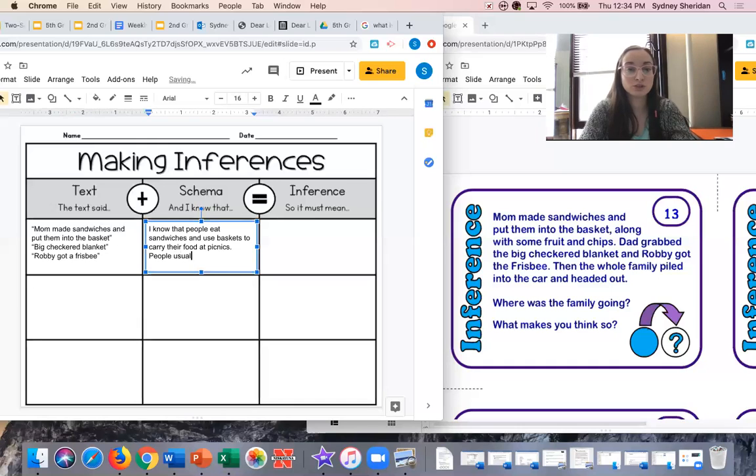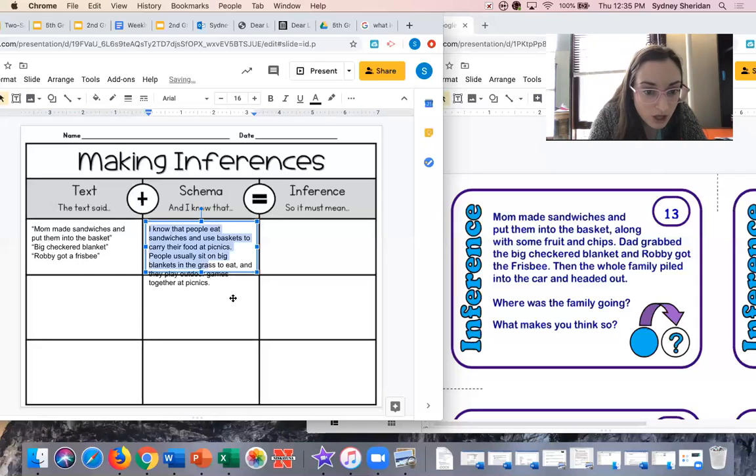People usually sit on big blankets in the grass to eat, and they play outdoor games together at picnics.